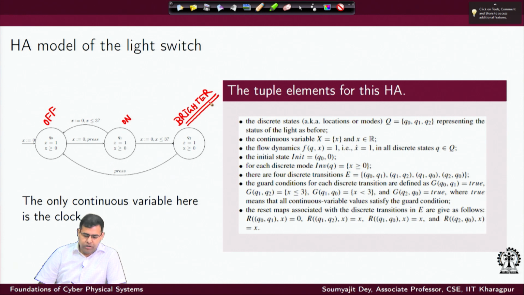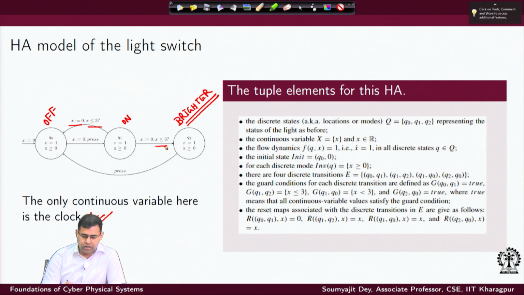So what we are doing with the initial version is, we are attaching this one continuous variable clock, and with each transition we are attaching reset maps, we are attaching these guard conditions. So this is a guard condition, this is a guard condition.